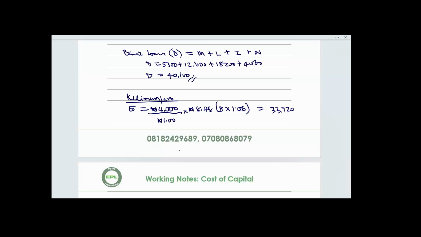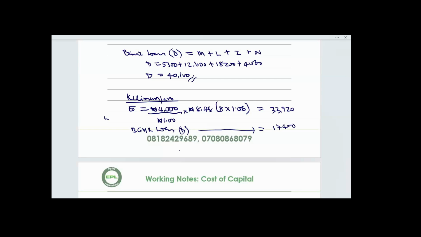Then the debt value, the bank loan of Kilimanjaro. This thing is not flowing well today. The bank loan of Kilimanjaro, which is the debt value, is 17,400.